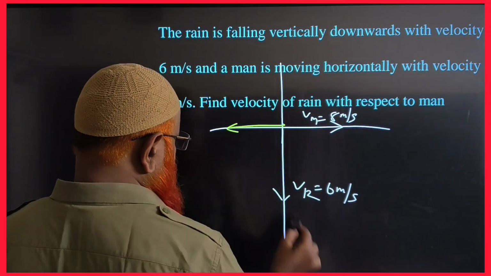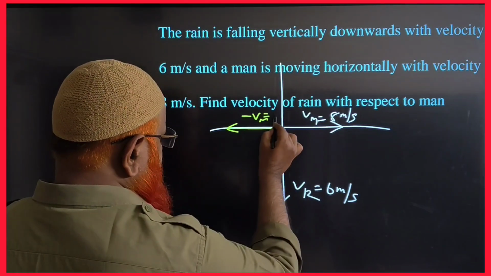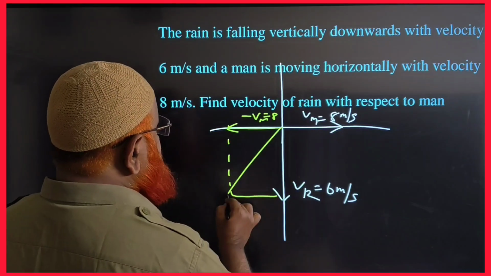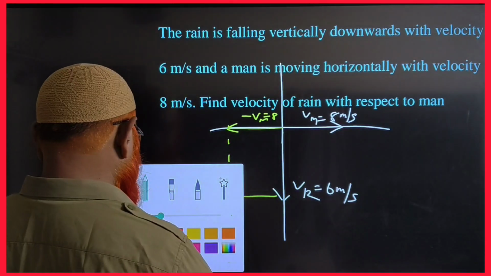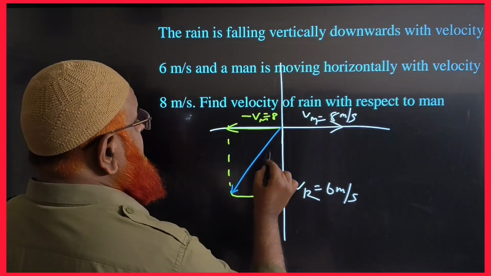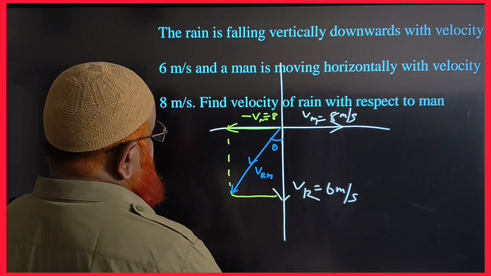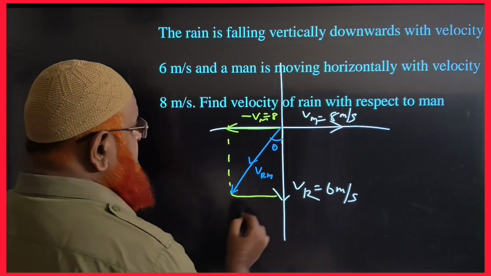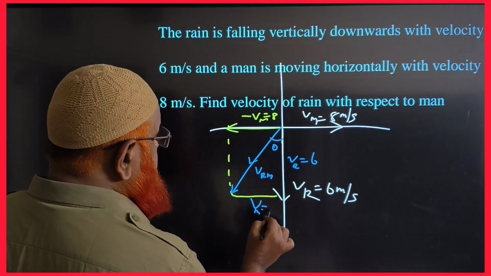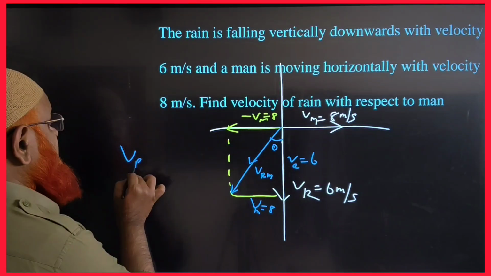You have to take the negative relative velocity, meaning the man should be taken negative, and the value is the same, 8. And you have to complete this, close this, and this is the final. This is the angle theta. This is called velocity of rain with respect to man. Velocity of rain is 6, velocity of man is 8. Opposite sides are the same, so apply the Pythagoras theorem, remember?